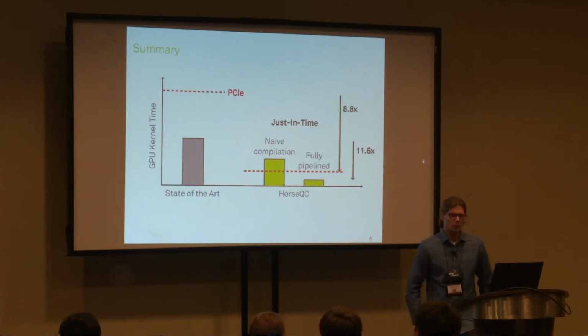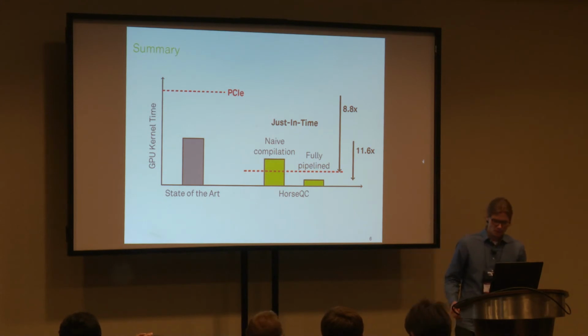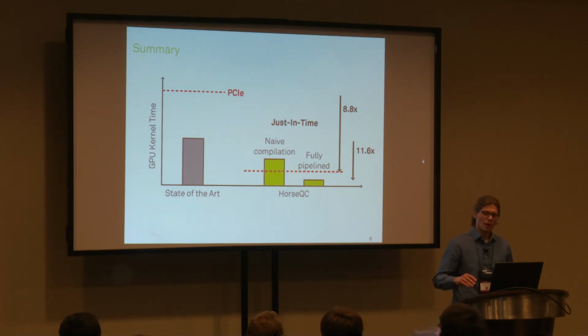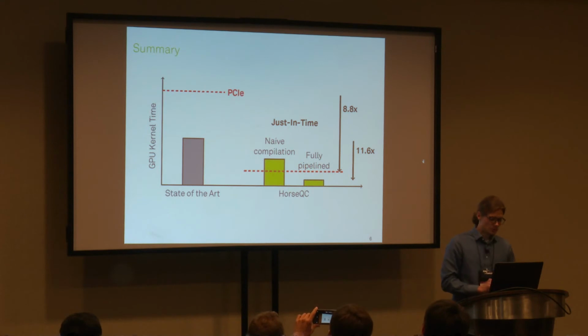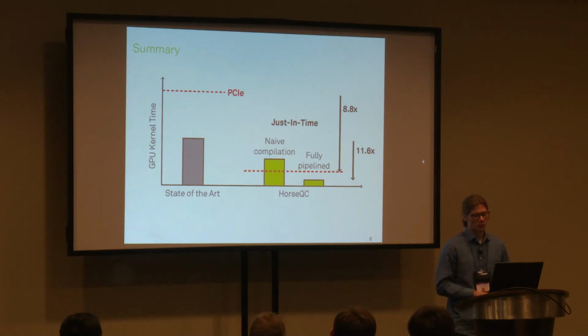As a summary, I would like to show a slide with the results. At first we saw that when we do PCI Express transfers in a naive way, they take really long, and we can reduce the transfer volume by 8.8 by using this batch processing style and keeping intermediate results on the coprocessor.